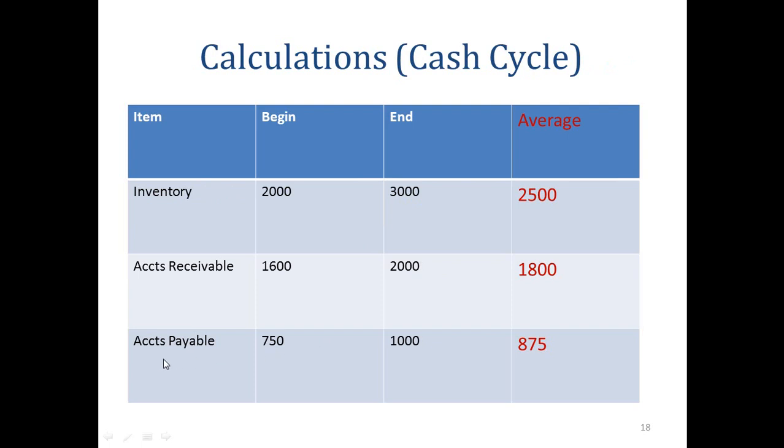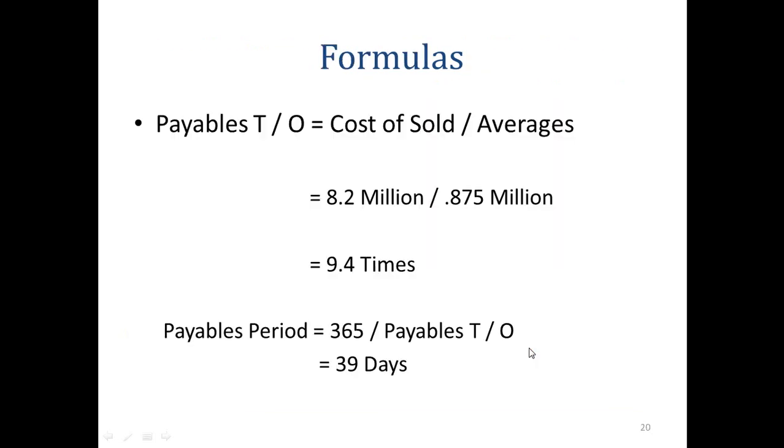Let's see where we found that. Okay. Payables turnover is cost of goods sold over the average payables. We found this number. It's 9.4 times.